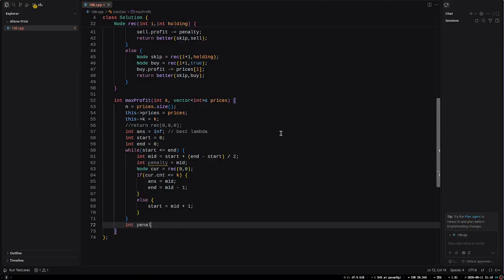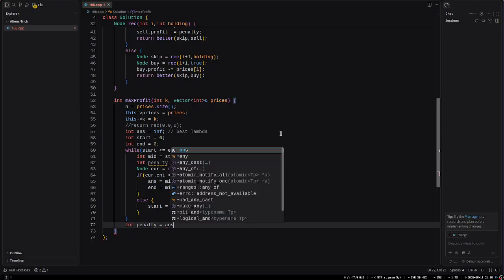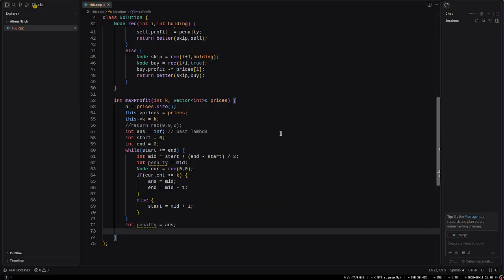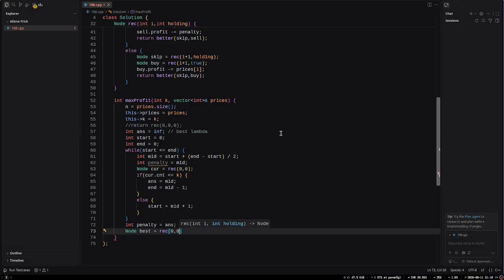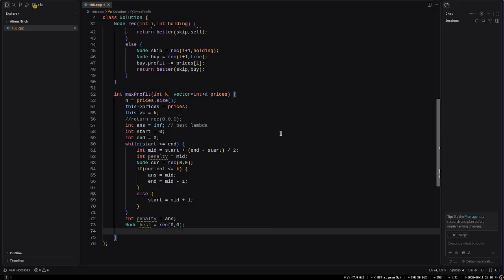So I would set penalty equal to answer, and with this best lambda I would compute the best profit. After finding this best profit, I would return best dot profit. Now I have to recover the profit, and as I told you, it is always k.